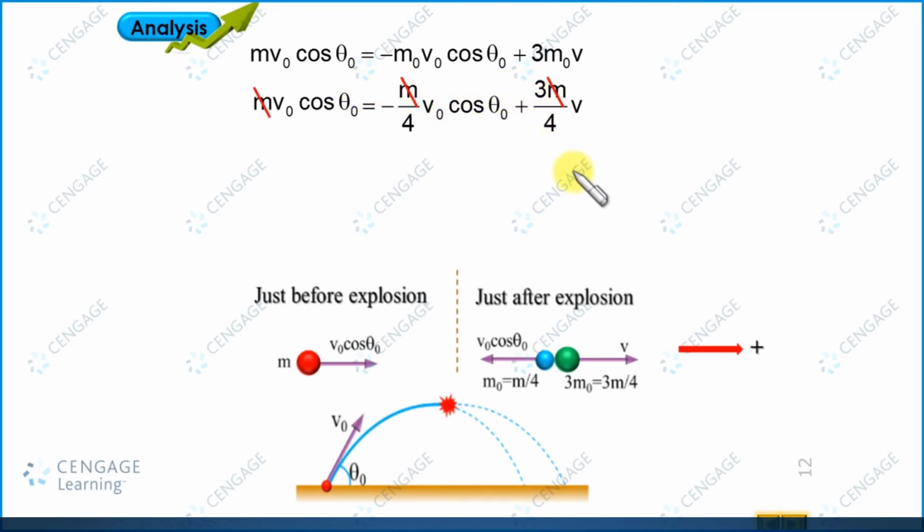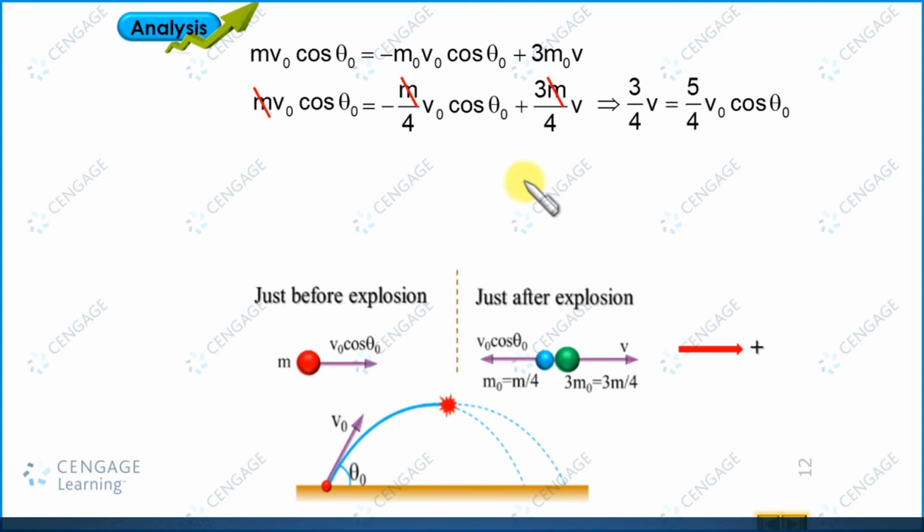Now we can find the value. This is equal to 3/4 v and this is equal to 1/4 v naught cos theta naught, and this is v naught cos theta naught. That means we can write 3/4 v equal to 5/4 v naught cos theta naught.